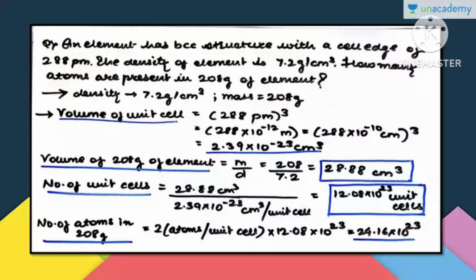Generally, try to convert length and other things into meter, or if it is in picometer, finally convert to centimeter. From meter to centimeter, a 2-digit difference will be there. If 10 to the power minus 12 meter is there, then in centimeter how much?